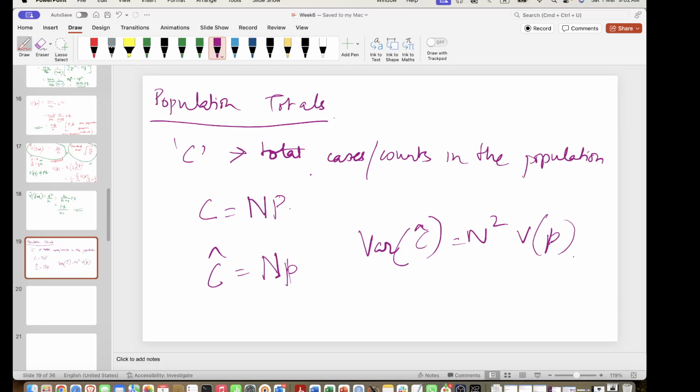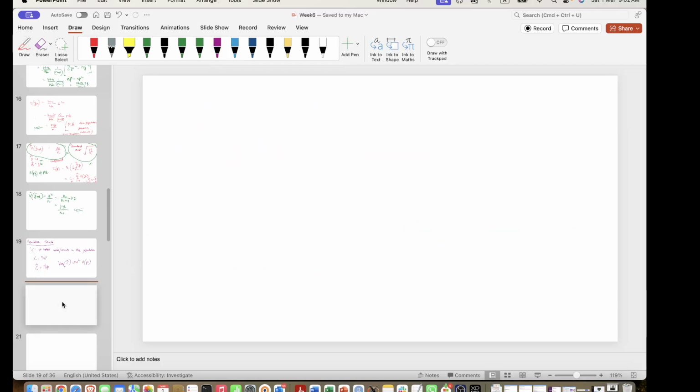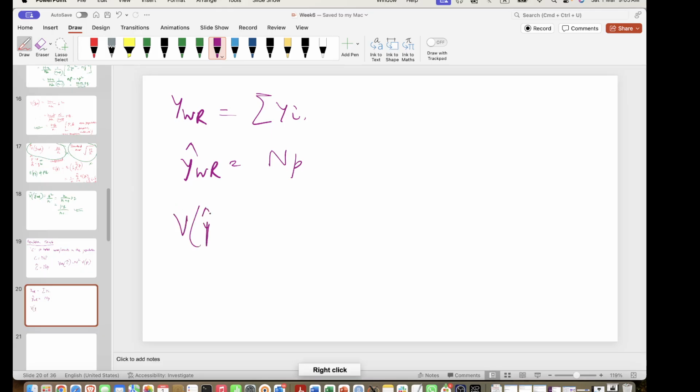So what this means is that, let's say I have Y WR, that is summation yi, and Y hat WR will be N into p, and variance of Y hat WR will be N square into variance of p, which is nothing but variance of p is what?